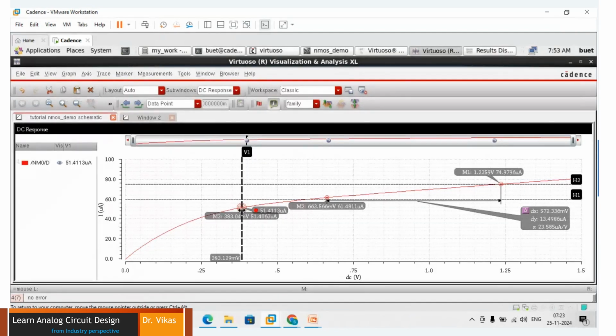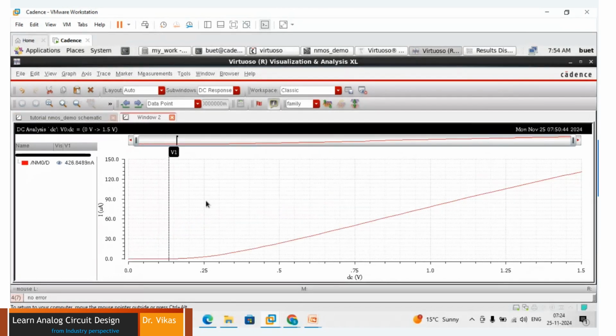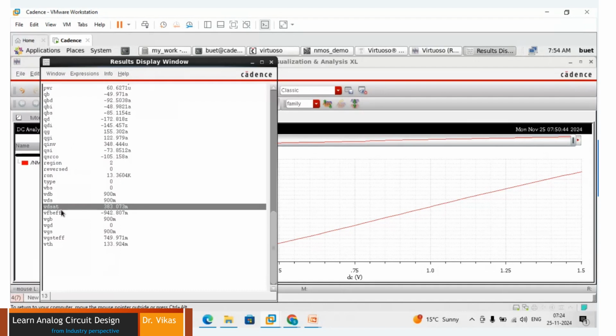Up to this particular point, before this point, the MOSFET is in its linear region, and after this point, the MOSFET has entered into the saturation region. So this is basically how my entire graphical analysis of ID versus VDS and ID versus VGS can be figured out with the help of dummy DC analysis, which I can see over here.